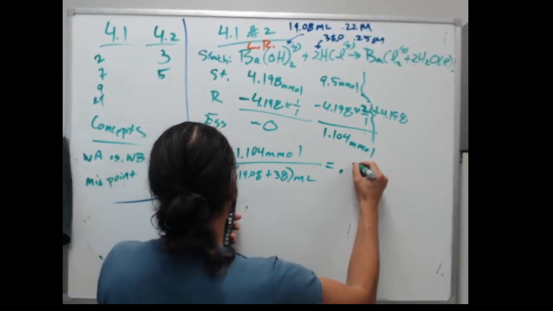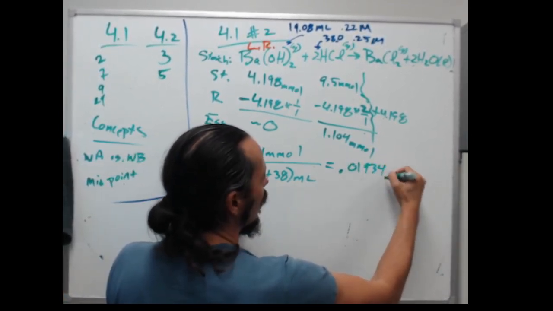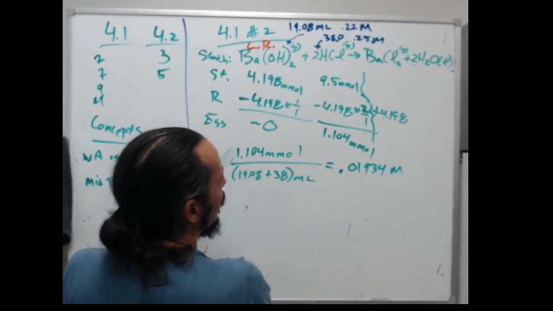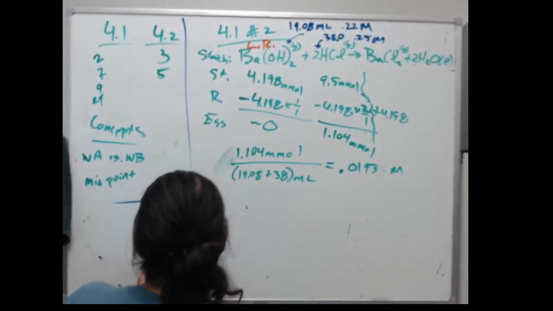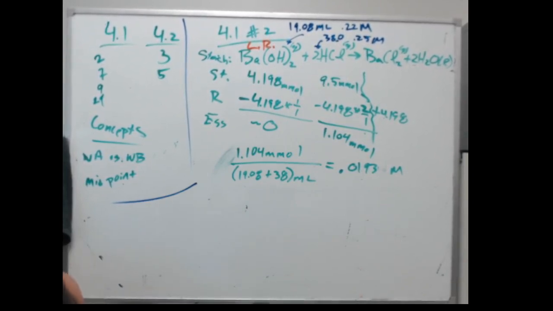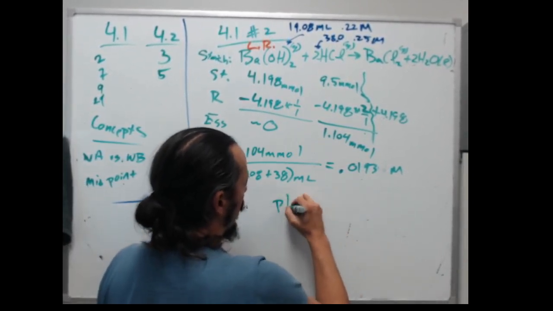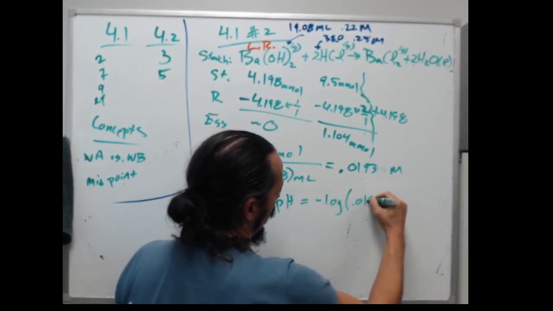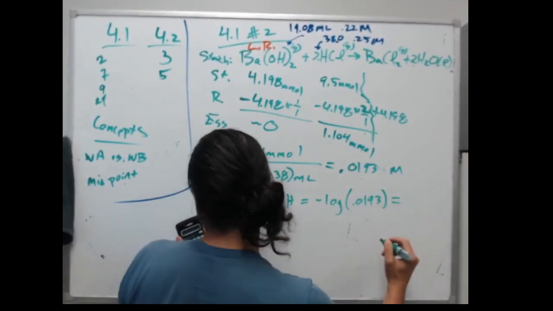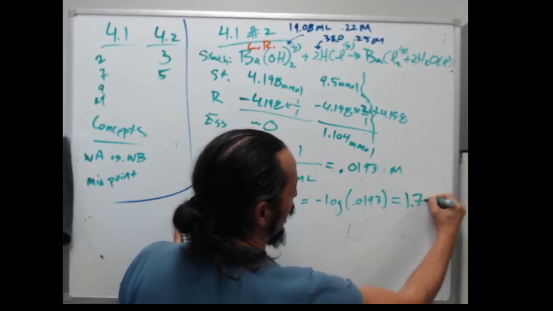That gets us a concentration of 0.01934 molarity, we can just call it 0.01934 with the way I've been rounding. Take the negative log of that, and you should get like 1.71.